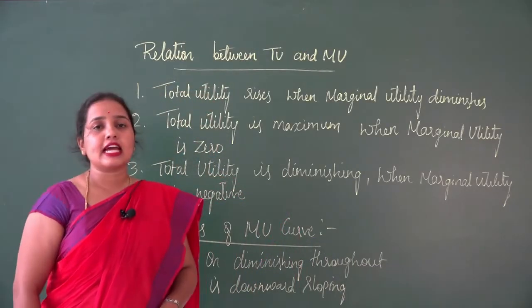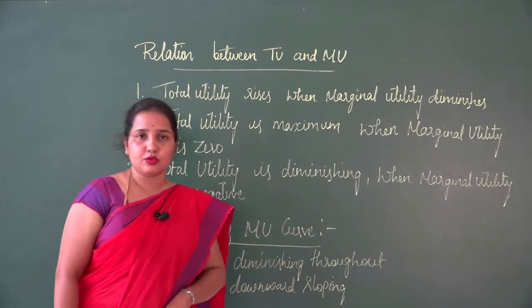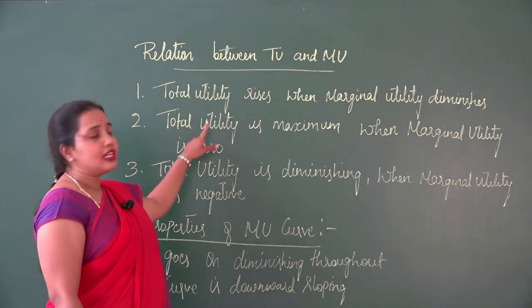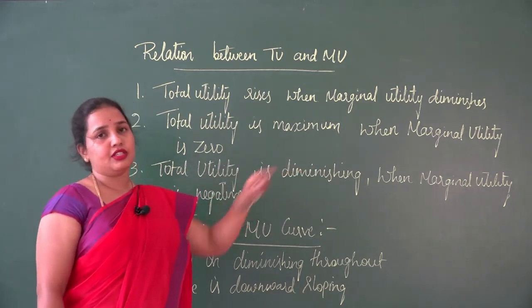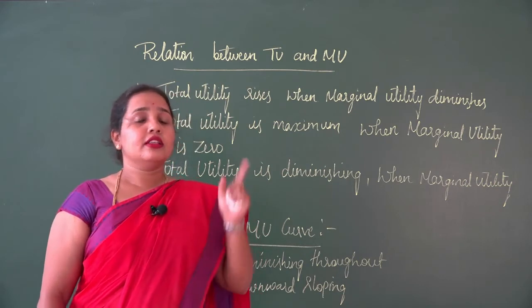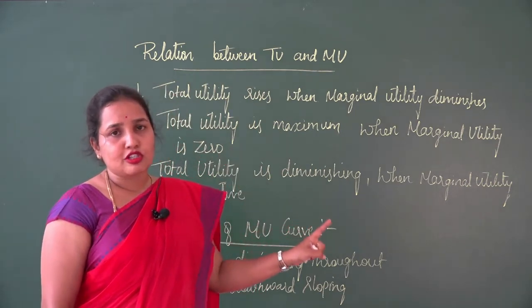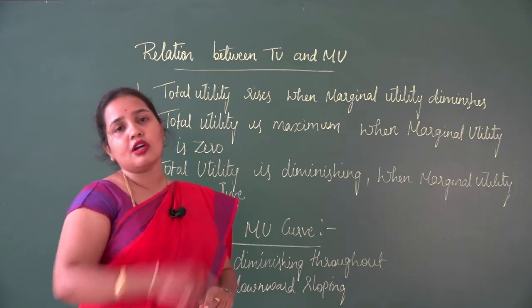We shall understand the relation between total utility and marginal utility. Here, total utility rises when marginal utility diminishes. When you see the diagram, you notice that the marginal utility was sloping downward, it was diminishing, and the total utility was rising.